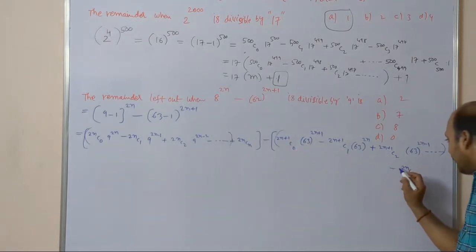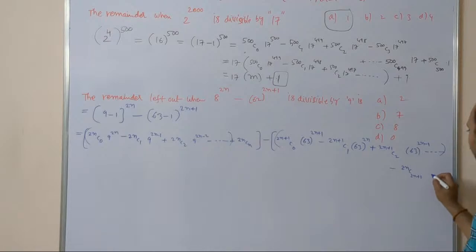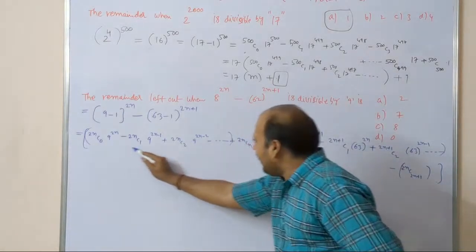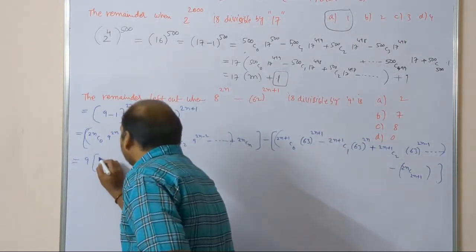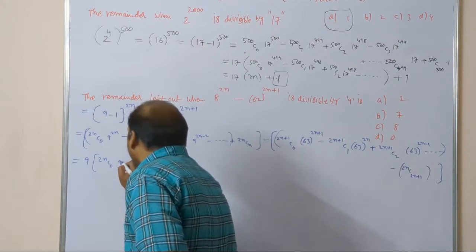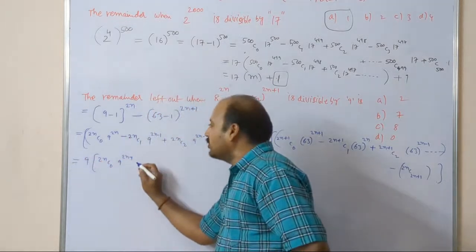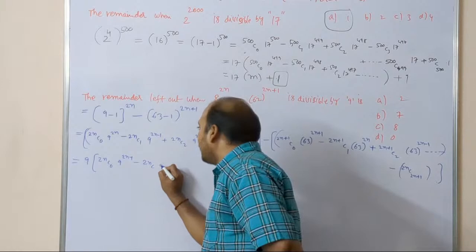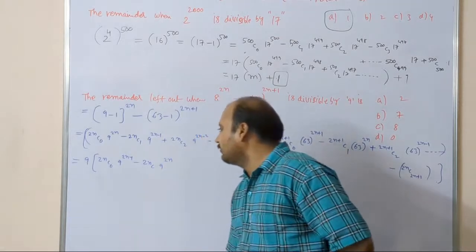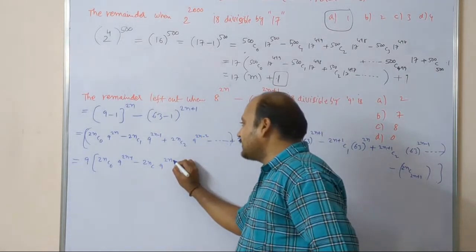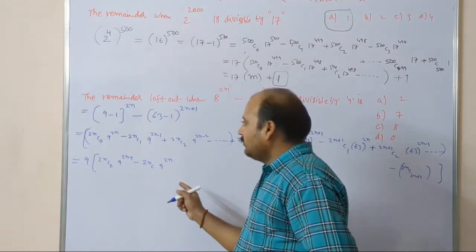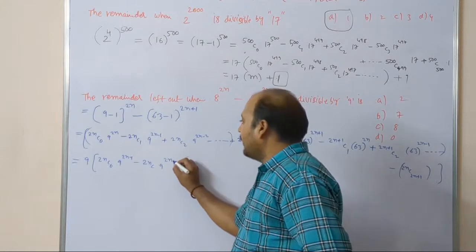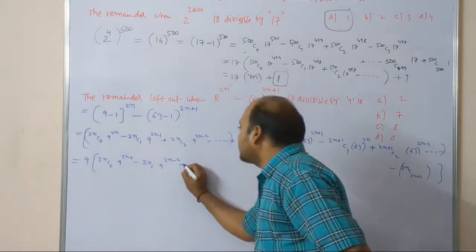And the last one is the remaining one. From these brackets, 9 is the common factor. So remaining is 2nC0, 9 power 2n minus 1, minus 2nC1, 9 power 2n minus 2, plus and so on.